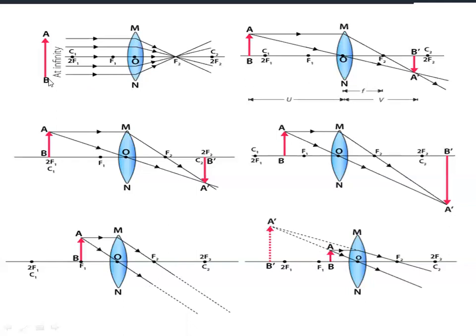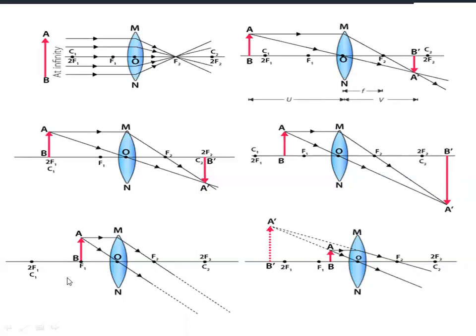First, object at infinity means image formed at focus. Second one, object beyond C means image formed between C and F. Object at C means image is also at C. It is a reverse of this, where the object is kept between C and F means image is captured beyond C. It is a reverse of the second diagram.